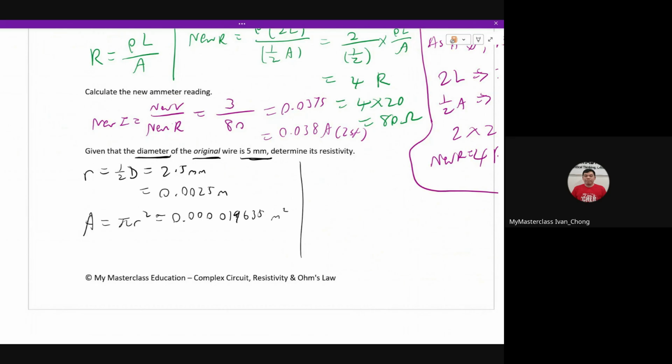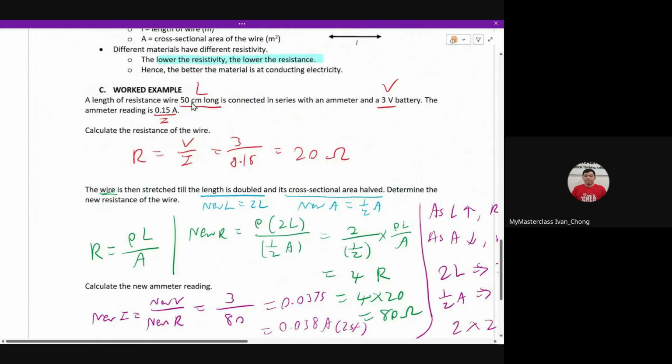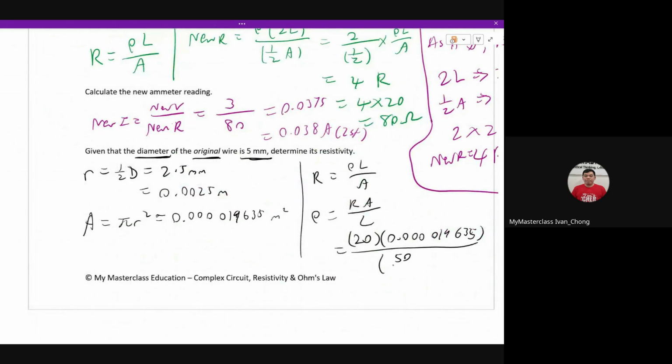Next we want to find resistivity. R is rho L over A. So rho, if you flip it around, is RA over L. All we need to do now is put in our numbers. What's the resistance of the original? Original is 20, area is 0.000019635, and your length, we use 50 cm. 50 is 50 over 100.